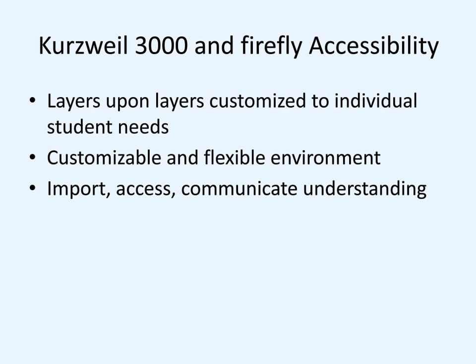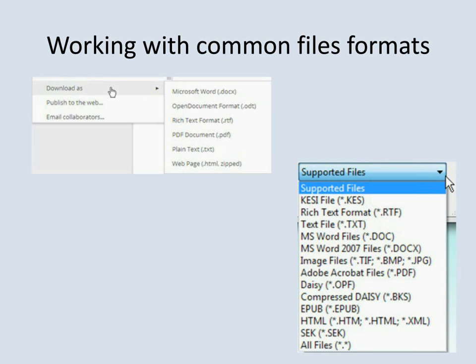I can import, I can access, and I can communicate my understanding using all the tools in there. With Firefly, I can work with common file formats. The example here is the image on the upper left. I'm downloading something from my Google Drive account. In the lower right, here are all the supported files I can import into Firefly.